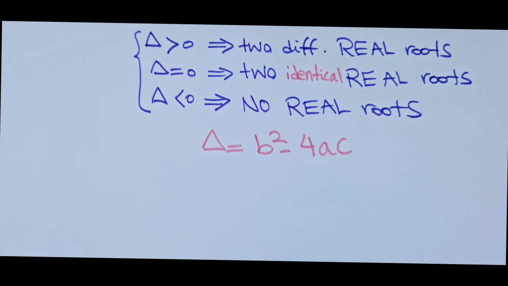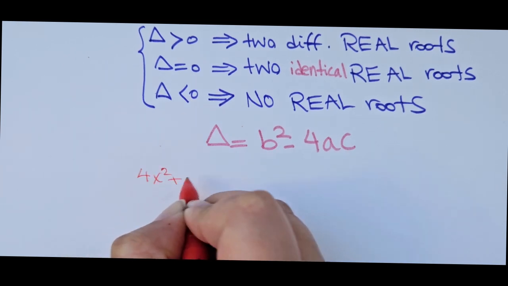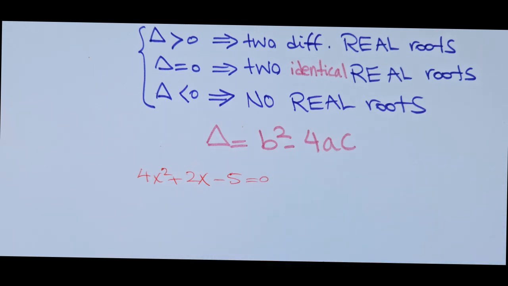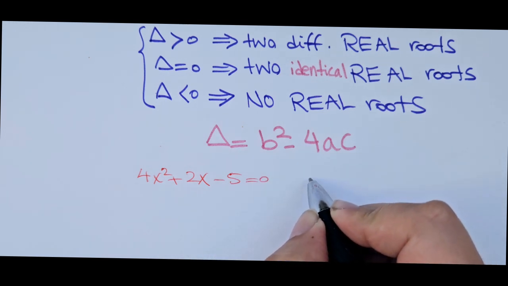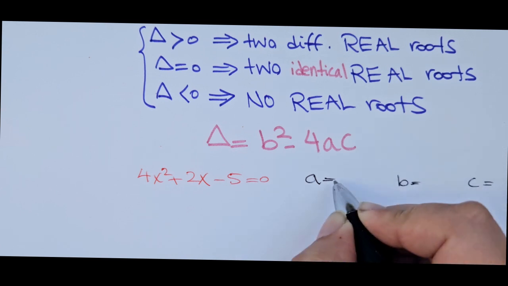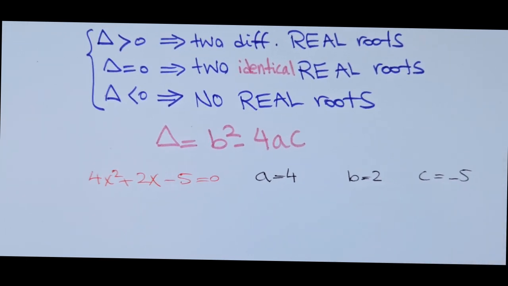The first example we're going to have is 4x squared plus 2x minus 5. So here we have to start with identifying A, B, C again. A being 4, B 2, C negative 5.